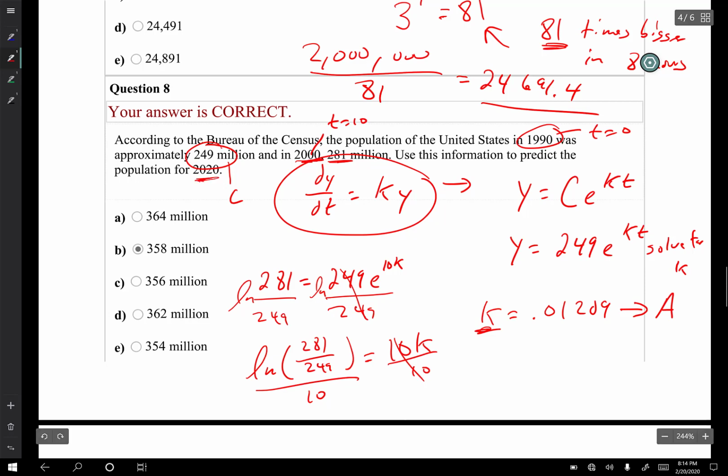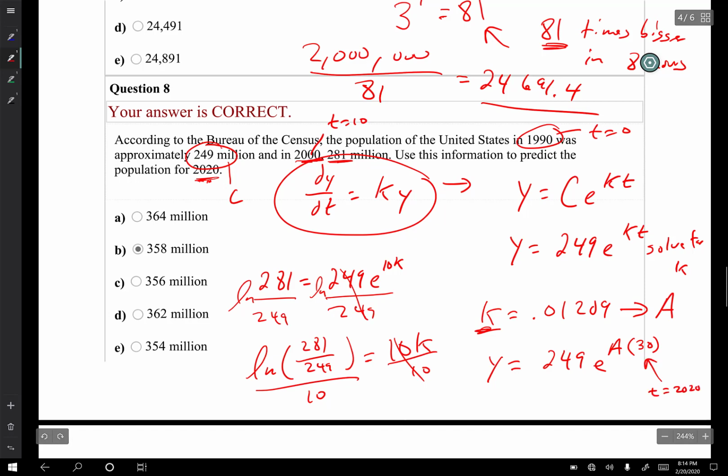So my population of 2020 is 249 e to the a times, if I'm at 2020, that's 20 years more than 2000, so that's going to be 30. So that is t for 2020.